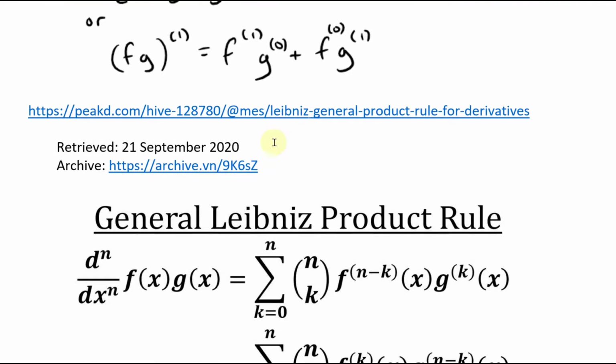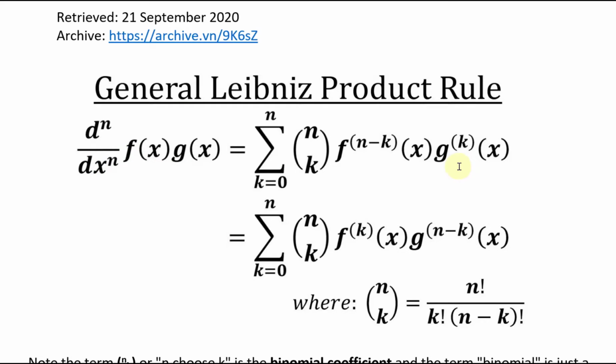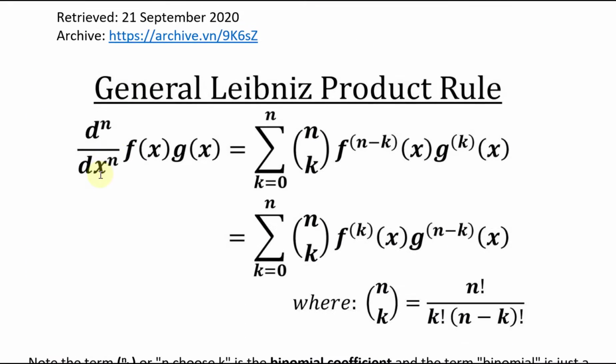Or you write it like this with the bracket number inside. The general product rule is called the Leibniz rule, and here's from my earlier video, a screenshot of it because I just put in the whole rule. So this is just the general nth derivative. The first derivative is just the normal product rule, and then the nth derivative of f of x times g of x is equal to the summation from k equals 0 to n of n choose k, times the n minus kth derivative of f times the kth derivative of g.